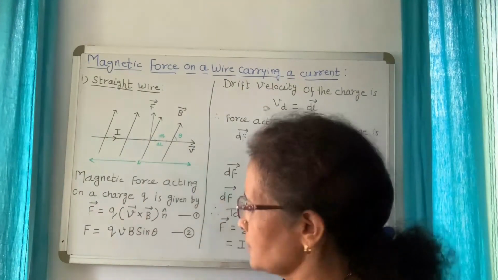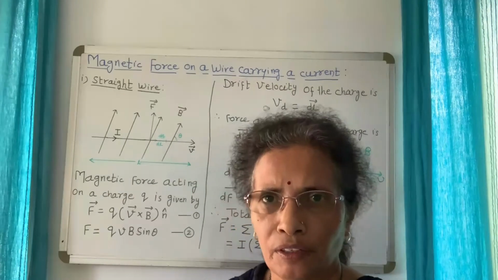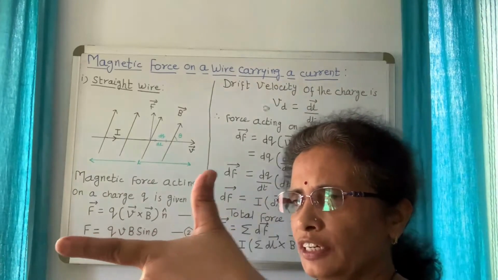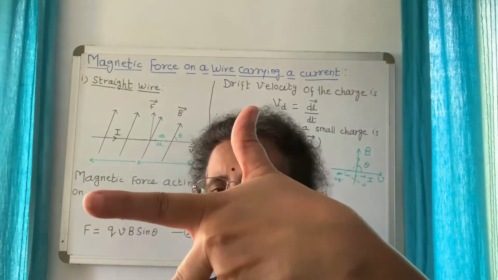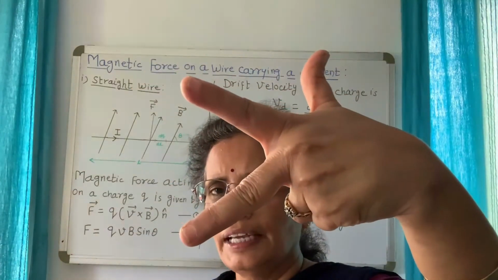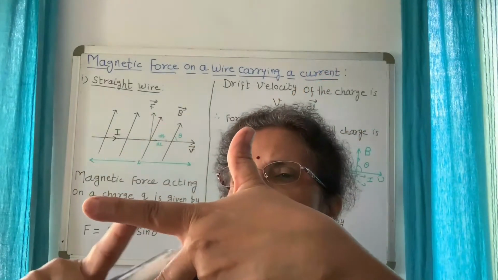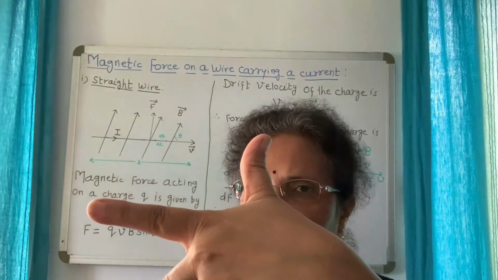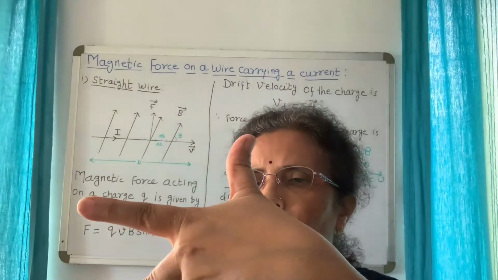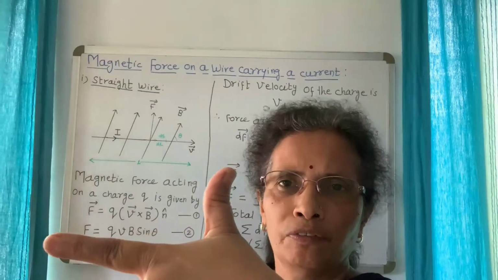That force we can also find out by using Fleming's left hand rule. Stretch your three fingers, that is the forefinger, middle finger and thumb, such that they are mutually perpendicular to one another. Your forefinger represents the direction of the field, the middle finger represents the direction of the current, and then the thumb represents the direction of the force.